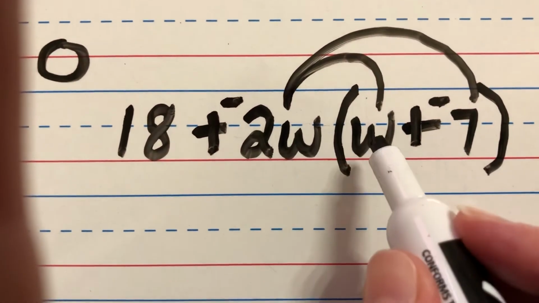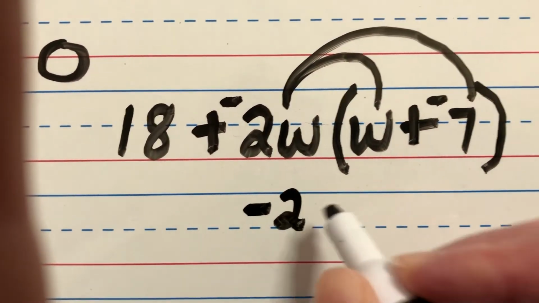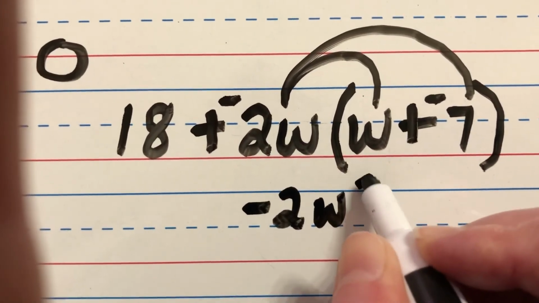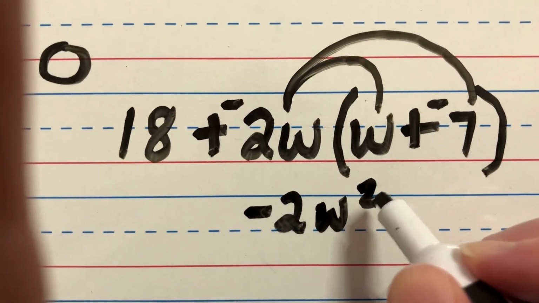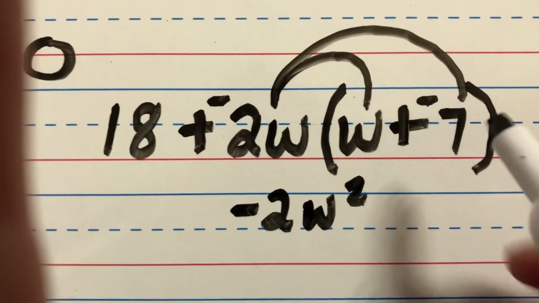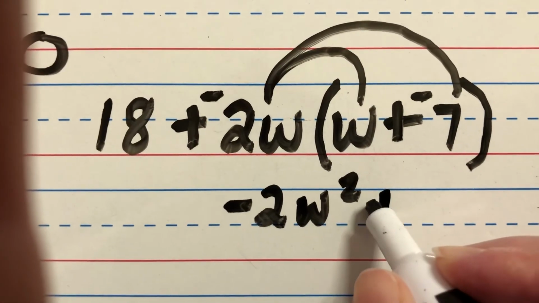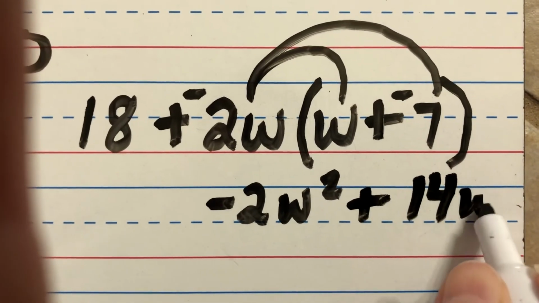So negative 2w times w is negative 2w squared, because w times w is w squared. And then negative 2w times negative 7, a negative times a negative is a positive 14w.